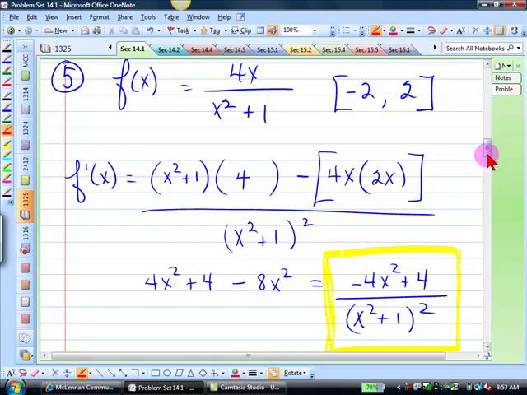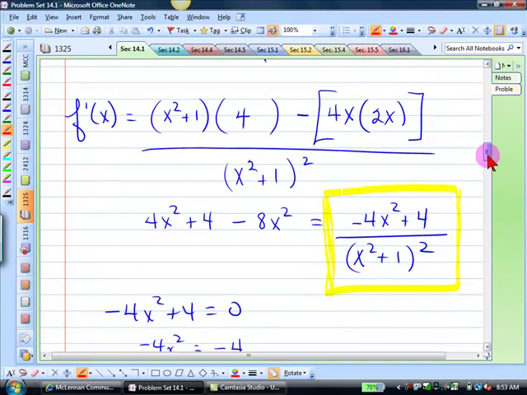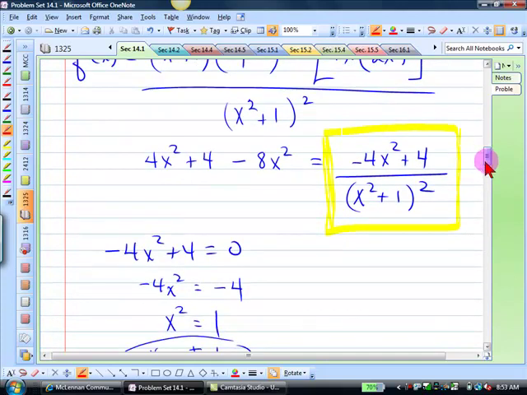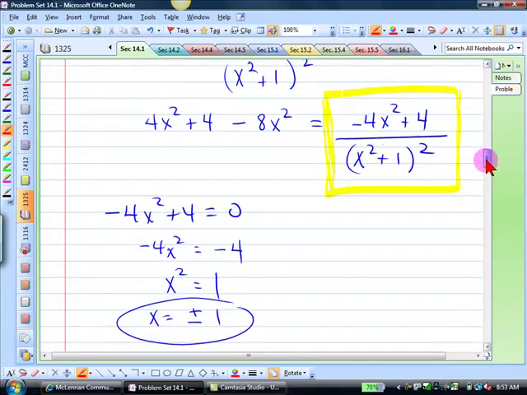So we're going to set that equal to 0 and solve. So if you subtract 4 on the other side, then you divide by the negative 4, you get x squared is 1. And you have x is plus or minus 1. So we have two critical numbers.